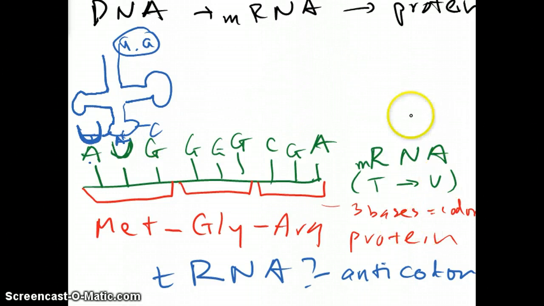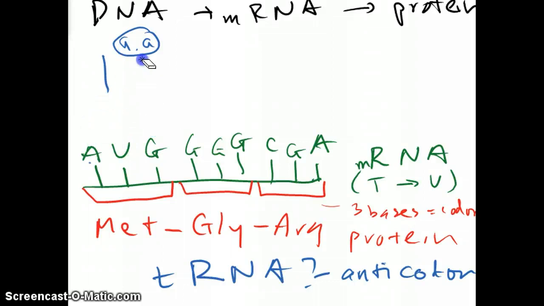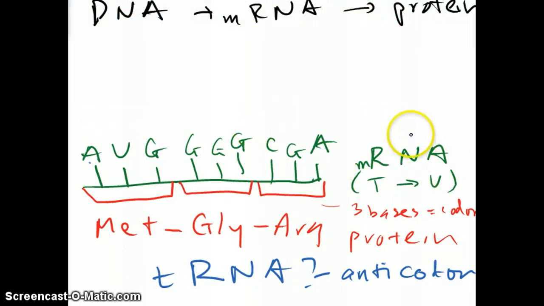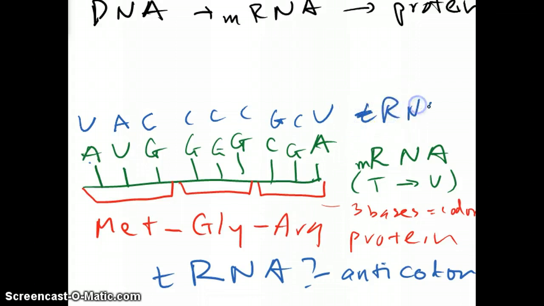So if they give you this and they ask you for the tRNA, what you would end up doing is just finding the mRNA and then making the complement. So A would match with U, and then C, G, C, U. This would be the tRNA.